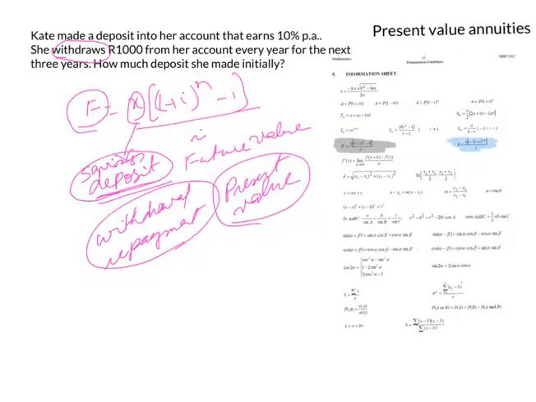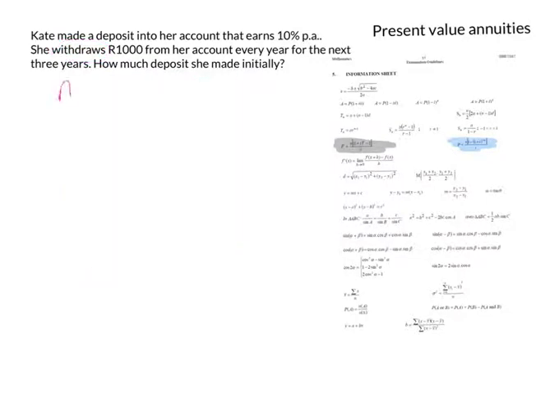So she made a deposit today, and she's withdrawing 1,000 rands every year for the next 3 years. So there is a withdrawal. X is always in future days, but the outlay of funds is happening immediately, so we use the present value. Okay.